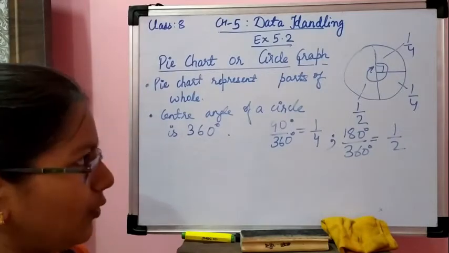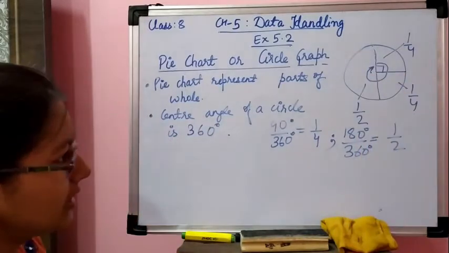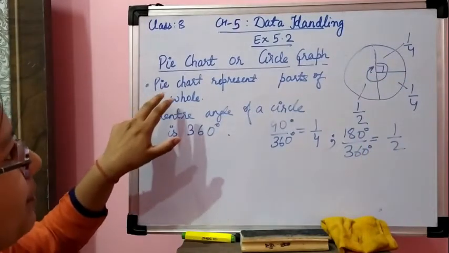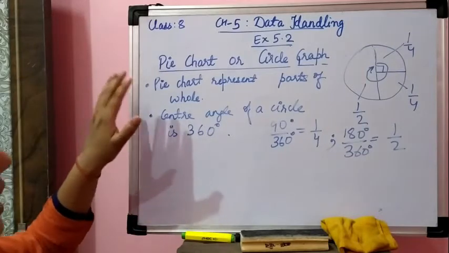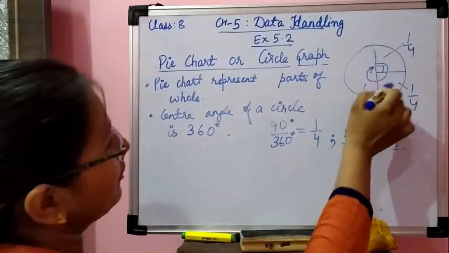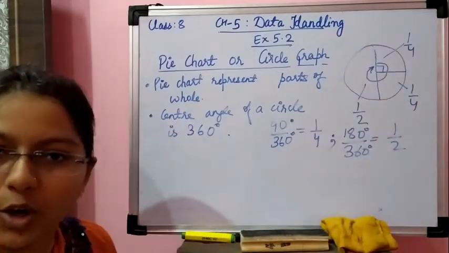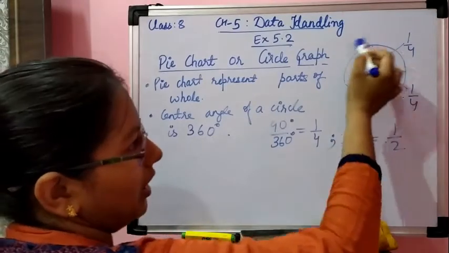So we have seen that a circle and its 360 degree complete angle can be divided into as many parts as we want, and we can make many angles in between in the circle. Basically in a pie chart, we are representing different parts of a whole quantity. For example, I can represent a day.